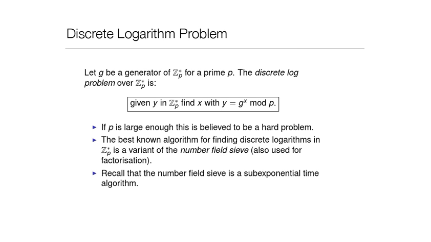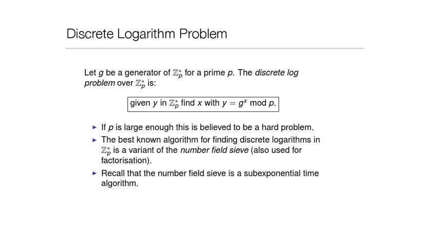The best known algorithm for finding discrete logarithms in Zp is a variant of the number field sieve, and we know that the number field sieve is a sub-exponential time algorithm, so this is not very efficient.